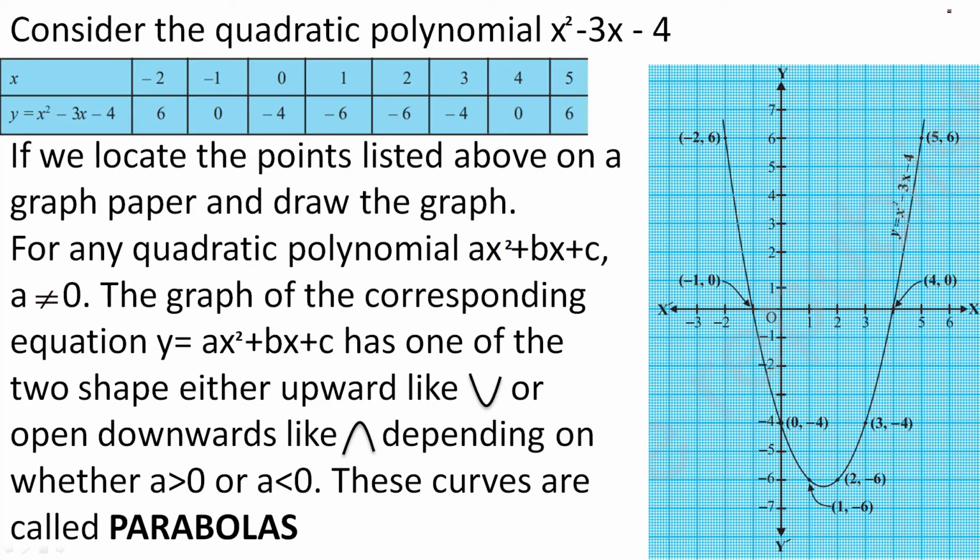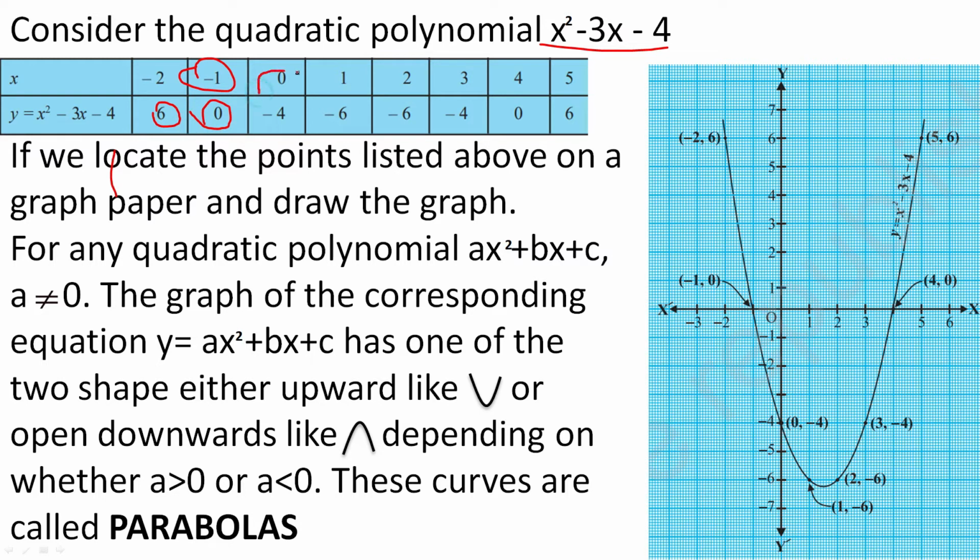Consider the polynomial x square minus 3x minus 4. If you put x value in the equation, you will get the y value. If you put x is equal to 2, you will get y as minus 6. If x is equal to minus 1, the value of y is equal to 0.